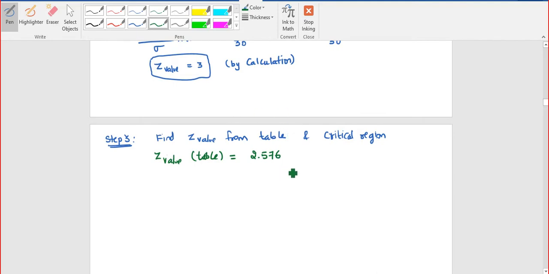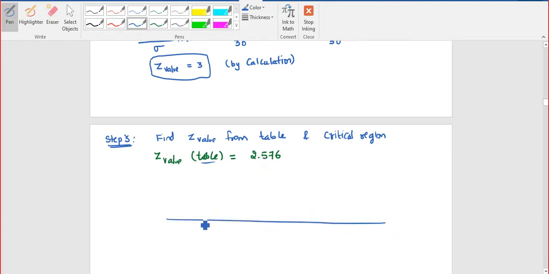There are many ways to identify the critical region, but I'll pick the one which I found easy. So let's draw a number line. We have to make use of the tabulated value, so let me erase and draw a neat line.